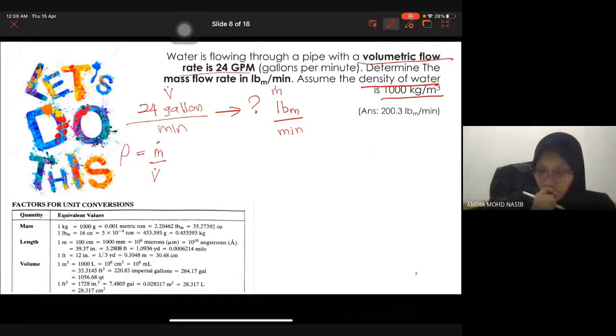So okay, the density will be 1000 kilogram per meter cube equal to mass flow rate over V, right?